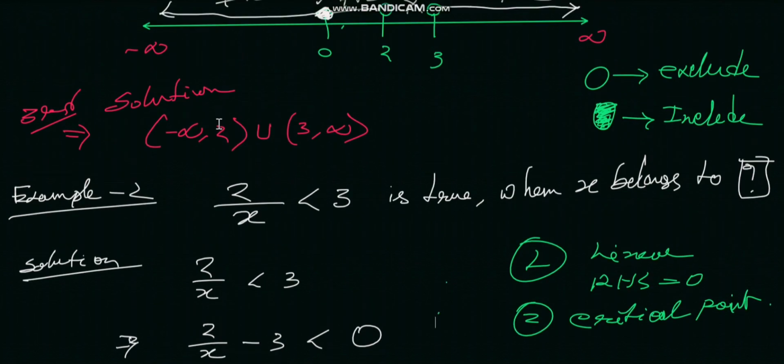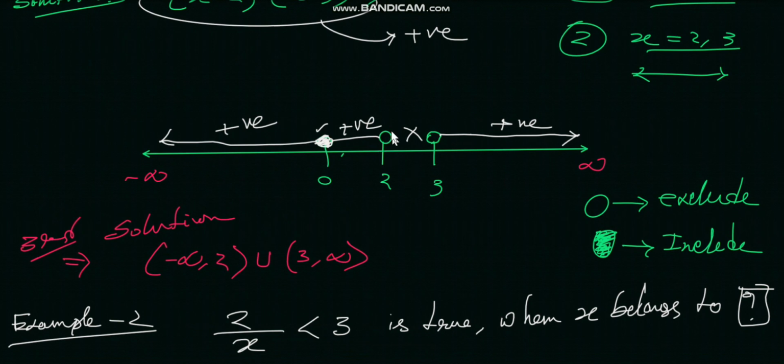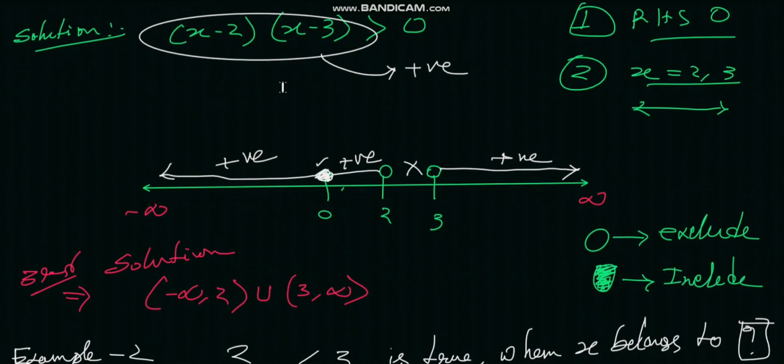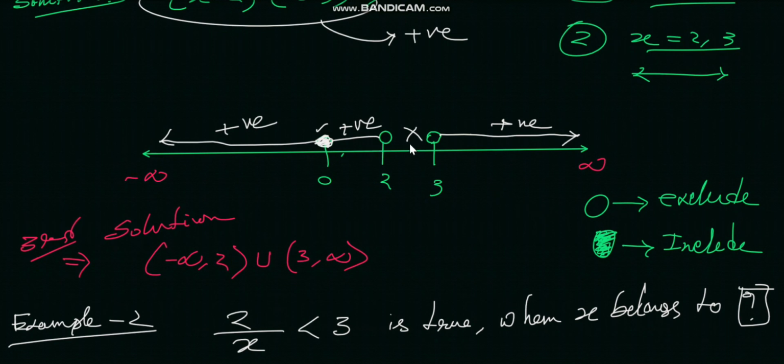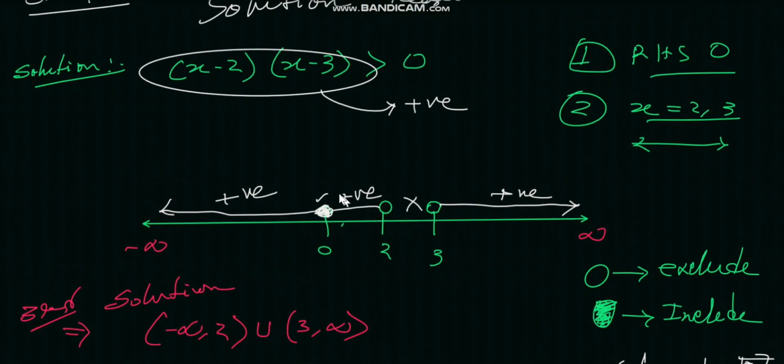You can see here that around a critical point, all the numbers on this side satisfy the expression, while the numbers on the other side do not satisfy it. So the critical points influence the behavior of the expression.